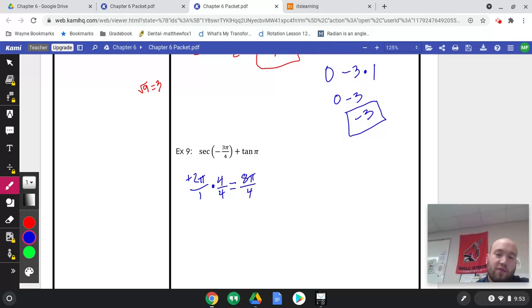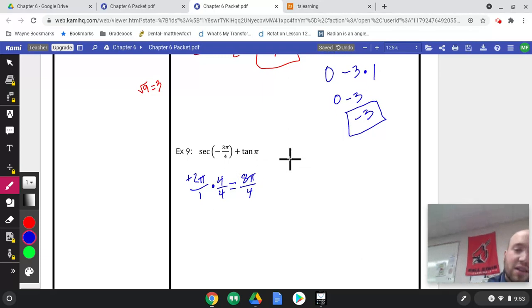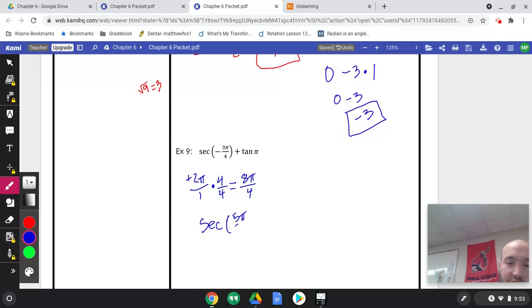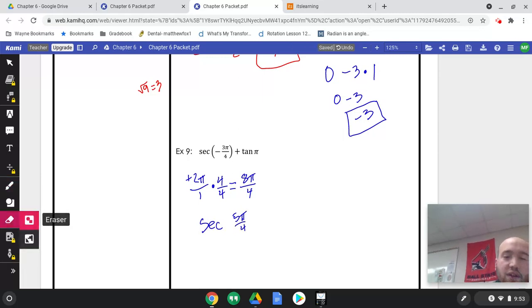So 8 pi over 4 minus 3 pi over 4, put that together, and we're left with secant of whatever 5 pi over 4 is. The reason I know that: 8 minus 3 gives us 5, so 5 pi over 4.